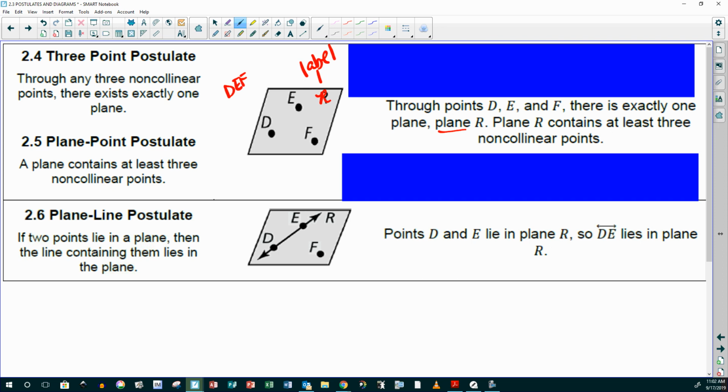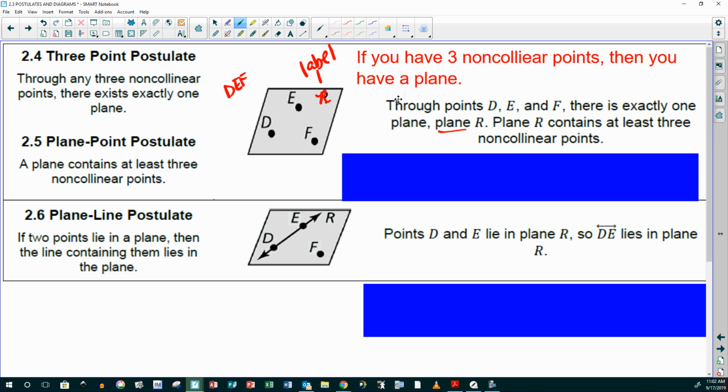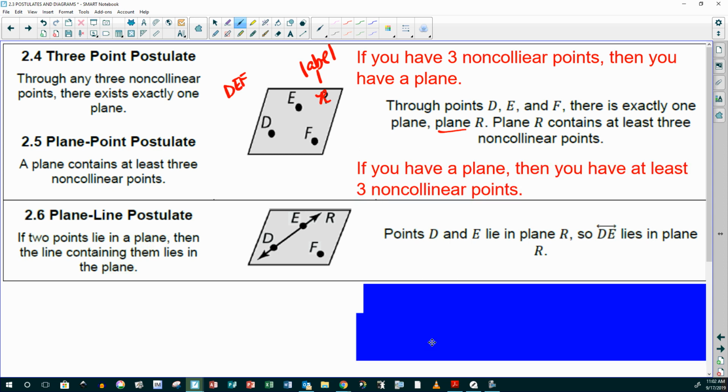Remember when you're naming a plane, you can use 3 non-collinear points or the fancy letter in the corner. So if I have 3 non-collinear points, then there's a plane. Well, if you have a plane, then you have at least 3 points. So that would be a biconditional.